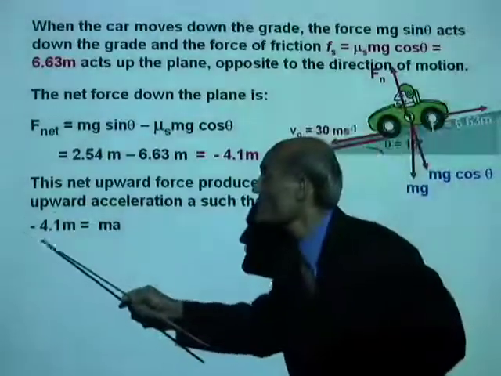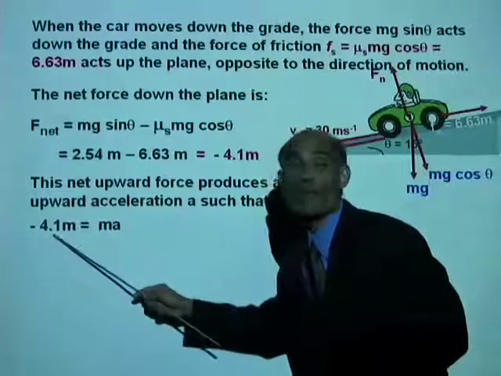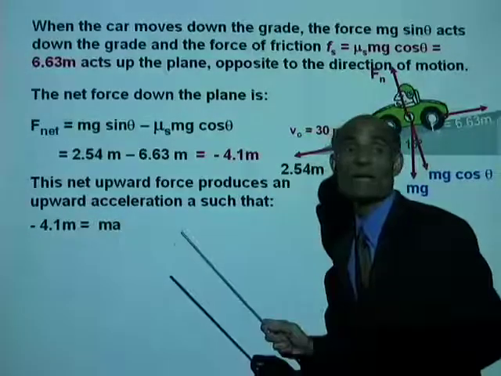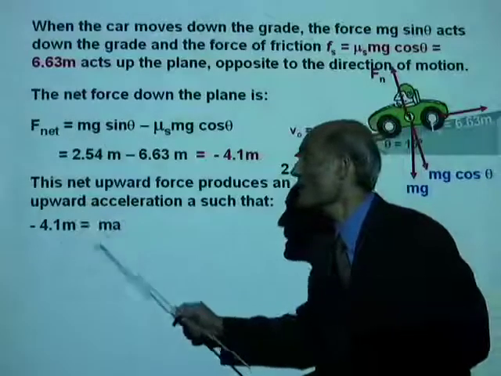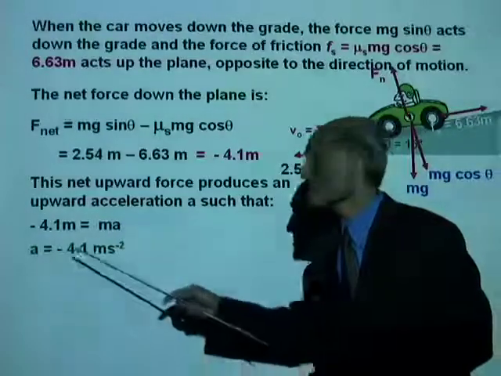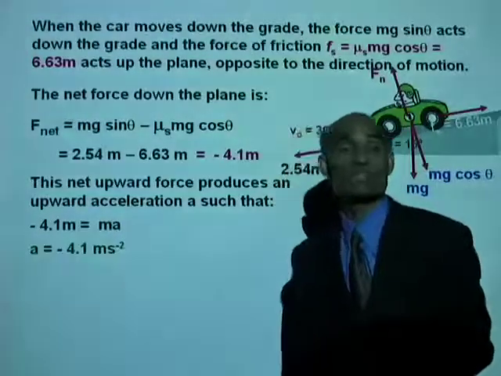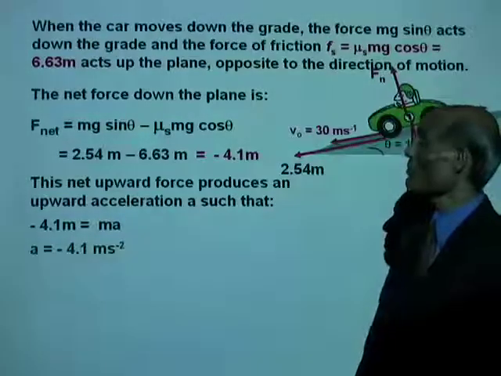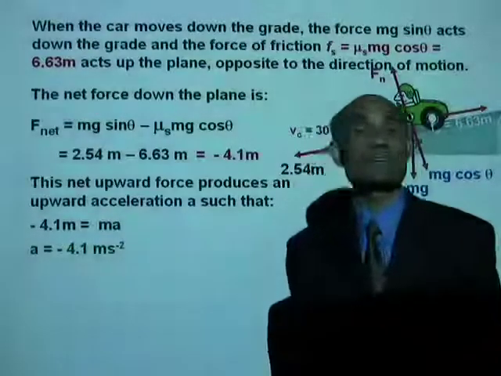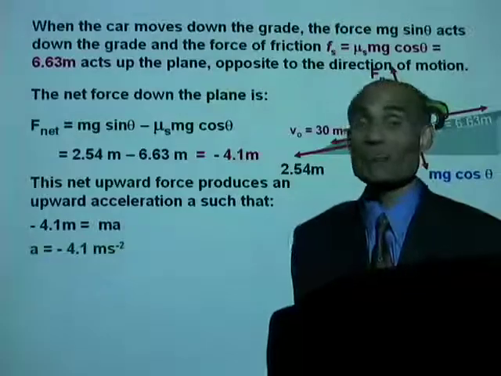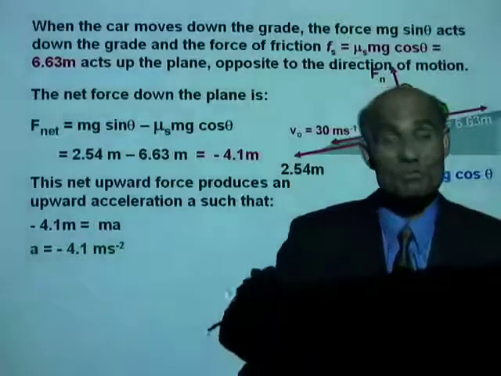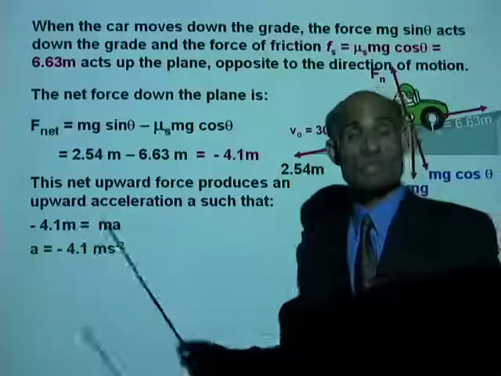So F net negative 4.1 m equal to ma, and m will cancel, giving us the acceleration is negative 4.1 meter per second squared.